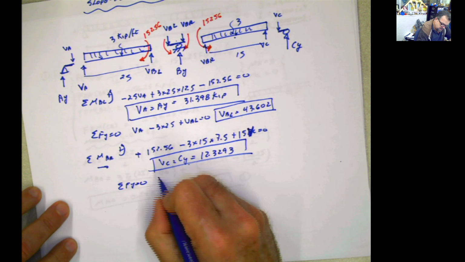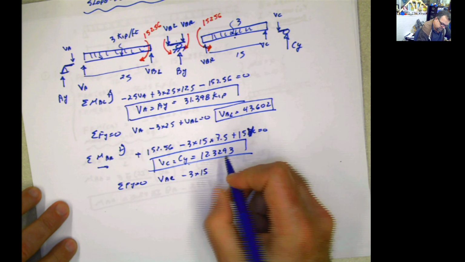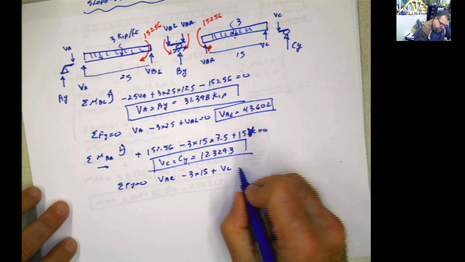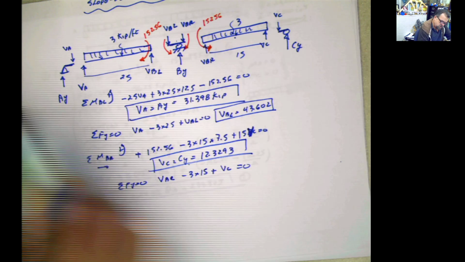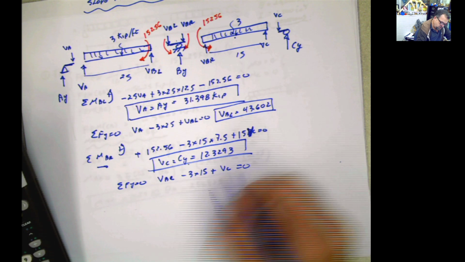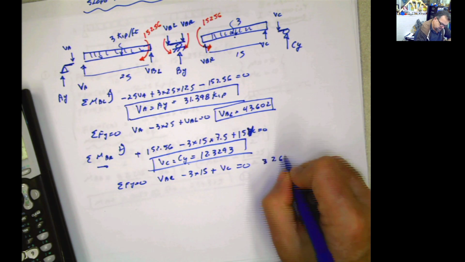Now, if I want to calculate this one, I can do summation of forces in Y equals 0, and then I can say that VB to the right minus 3 times 15 plus this value, which is CY, equals 0. So my value for VB to the right is 3 times 15 minus 12.3293. That's 32.6707.